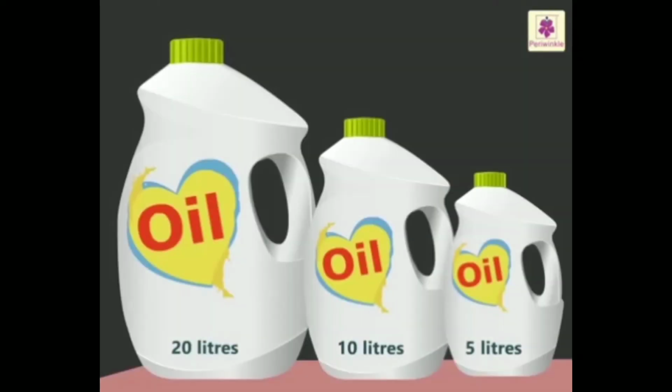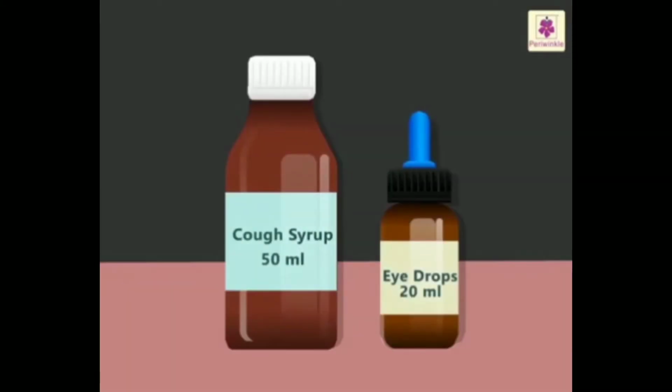So that is the capacity. We can see the bigger oil cans that contain 5 liters of oil, 10 liters of oil and even 20 liters of oil. You might see in medical shops the cough syrup and eye drops coming in ml, that is 20 ml, 50 ml, etc.